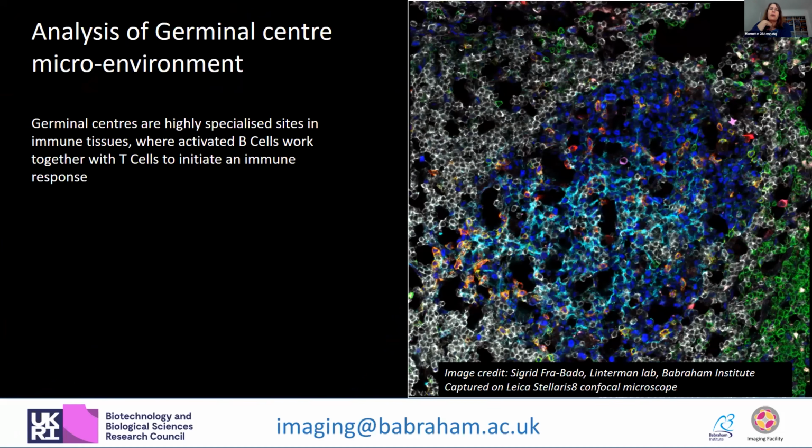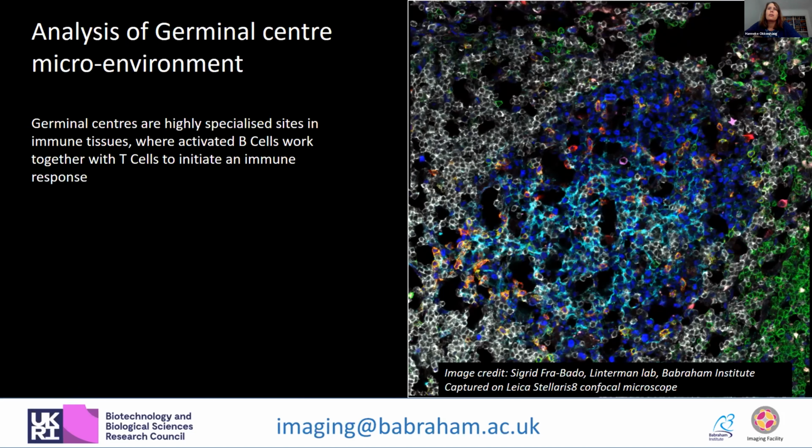Germinal centers are specialized sites in immune tissues where B and T cells, but other immune cells as well, work together to generate an immune response. And you can already see from the image that the organization of these sites is very complex.